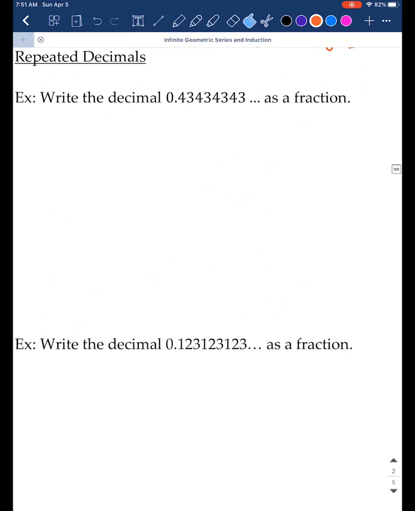These repeated decimals, and some of you may have seen this before. So we'll just note that what we can do is write each repeated portion as a separate value. So 0.43 would be 43 over 100.